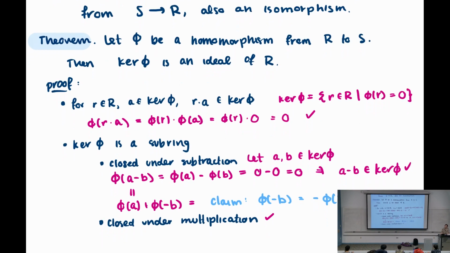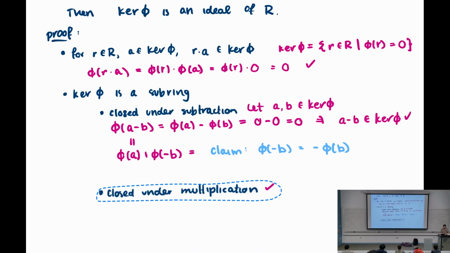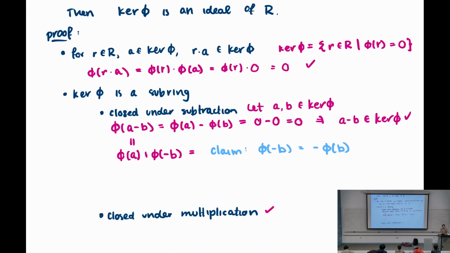So we need to show that this is the additive inverse of phi of B, right?